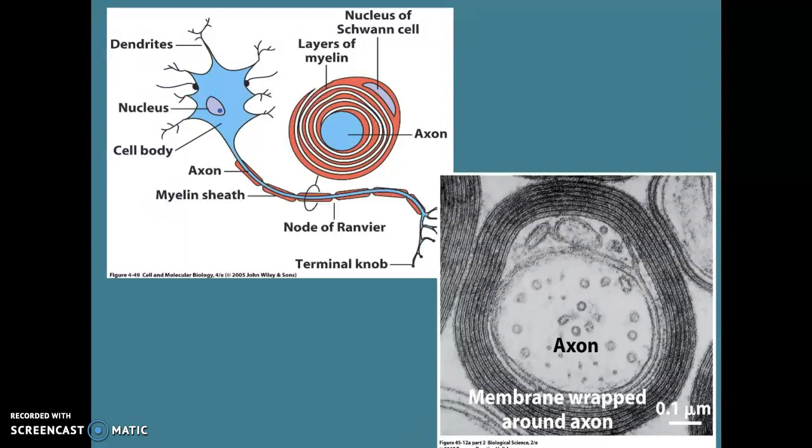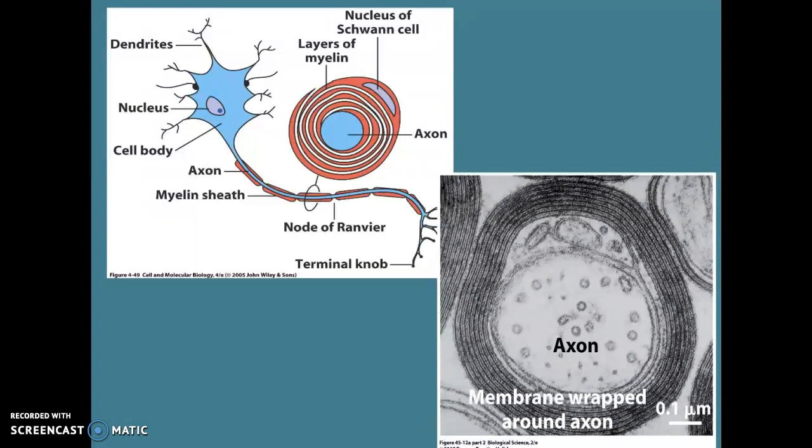So if one neuron fired, it could affect a neuron right next to it. And we wouldn't want that. And so in order to have coordinated motor behavior, we've created something called the myelin sheath.